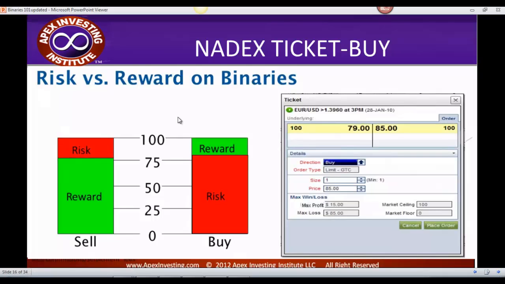Mohammed, yes, if you bought something for 62 and it went against you and you did not close out early, then yes, you would lose 62. When you buy, your risk is whatever amount you buy for. Okay? When you sell, your risk is the difference of where you sold compared to 100 bucks.